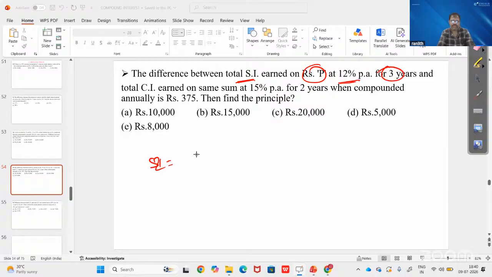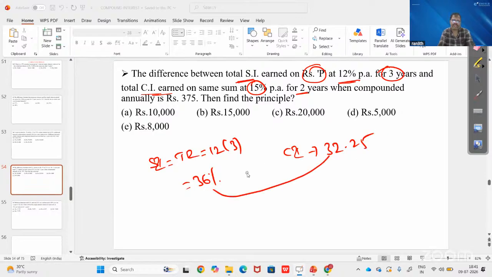SI is PTR, that is 12 into 3, equals 36 percentage. So total CI earned at 15 percentage for 2 years: 15 plus 15 is 30, and 15 into 15 is 225, so 32.25.